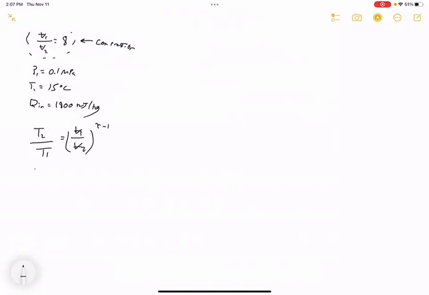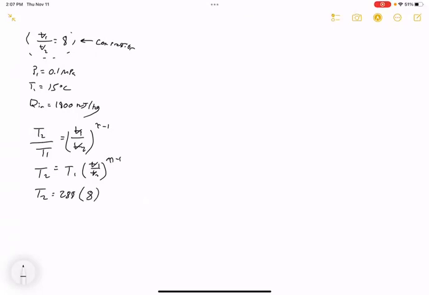So T2 equals, if we just rearrange this a little, T1 times (V1 over V2) to the gamma minus 1. T1, we're told, is 15 degrees Celsius, but we can't work with Celsius anymore. We have to put it into Kelvin. So plus 273, T1 becomes 288 Kelvin. V1 over V2 is the compression ratio, so 8.